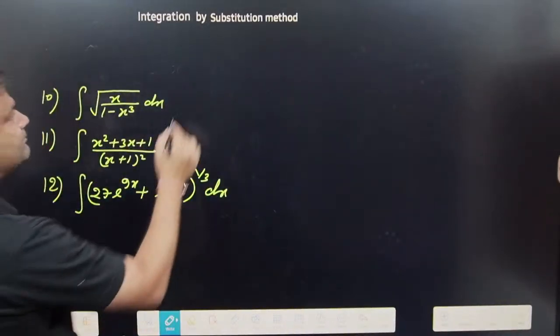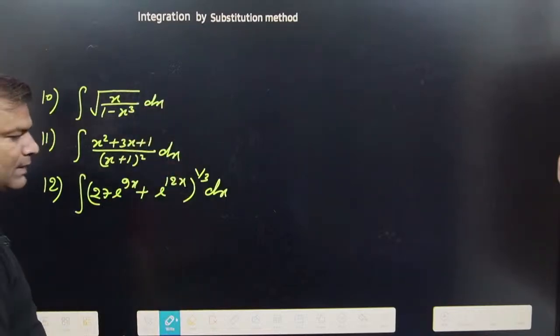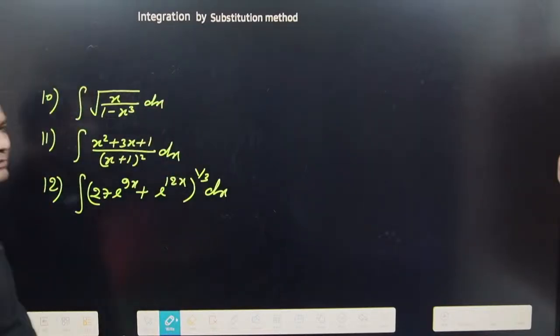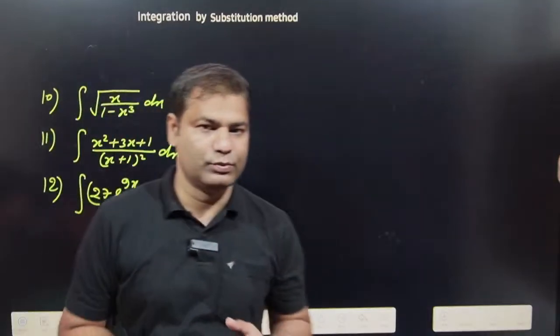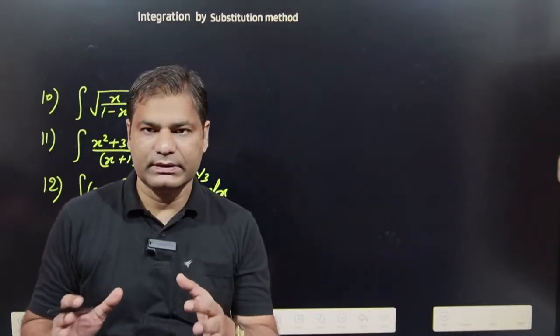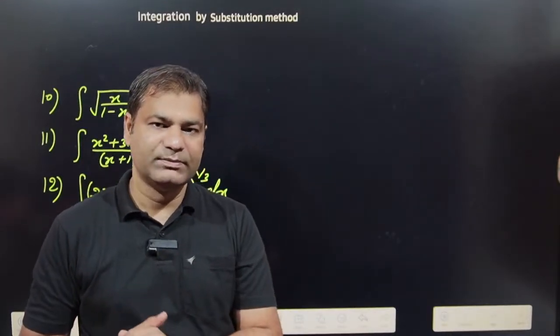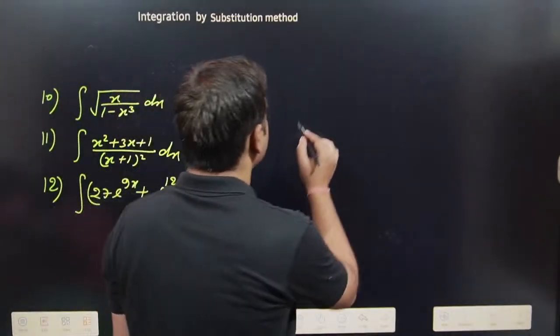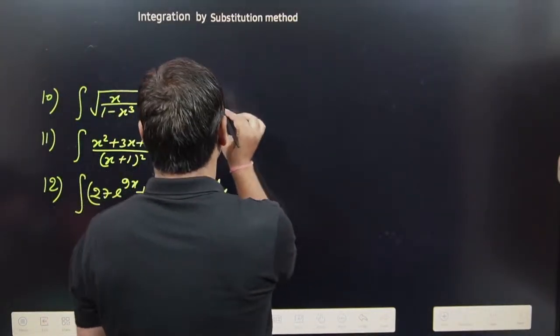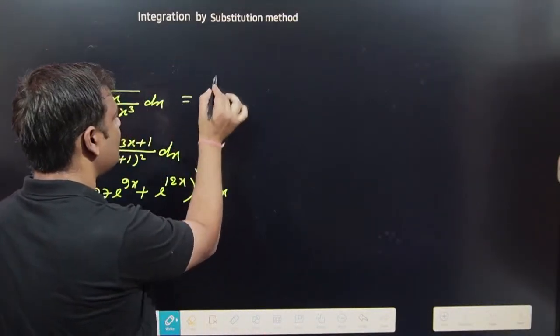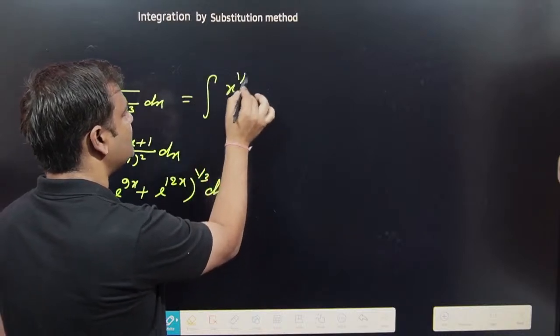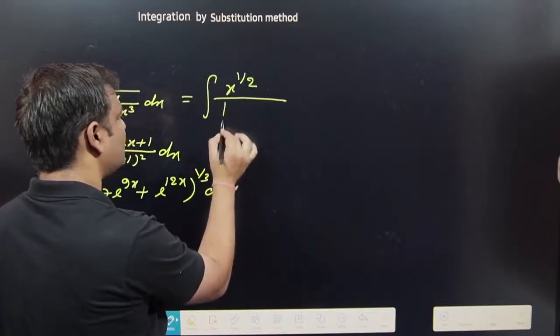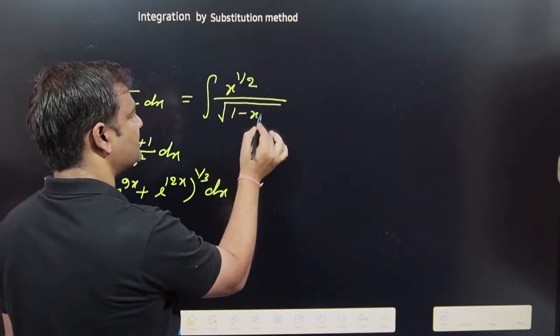How can we do? Look here. Root x divided by 1 minus x cube into dx. Simply, if x is replaced, look here, that part is written x to power 1 by 2 divided by 1 minus x cube dx.